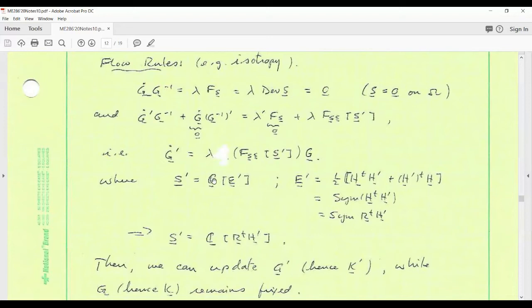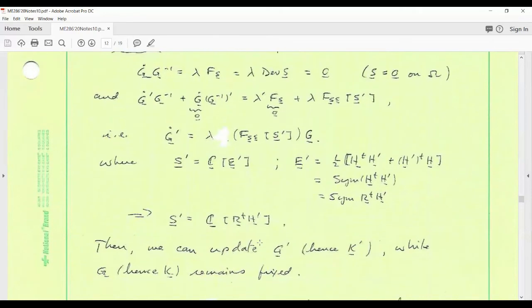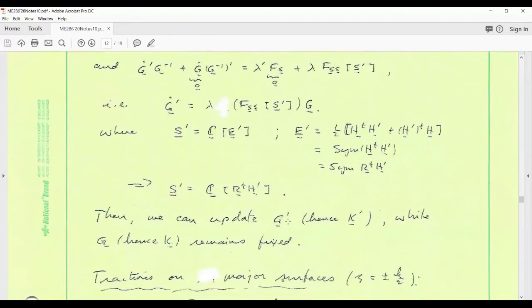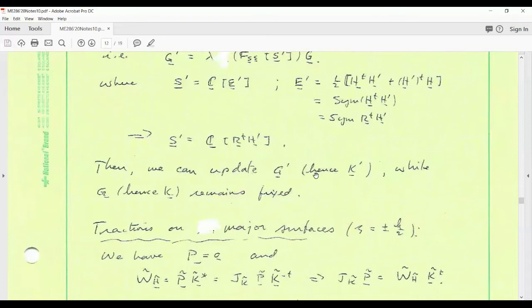Because C has minor symmetry, we can dispose of the qualifier sym here, because this operation only picks up the symmetric part of R transpose H prime in the first place. We know this in principle because we went to all that trouble of finding D and G in terms of small r, the midplane deformation, then minimizing the energy with respect to r to get the equilibrium state. Then we can use a forward integration method to update G prime, and hence K prime. Knowledge of G prime is equivalent to capital K prime.